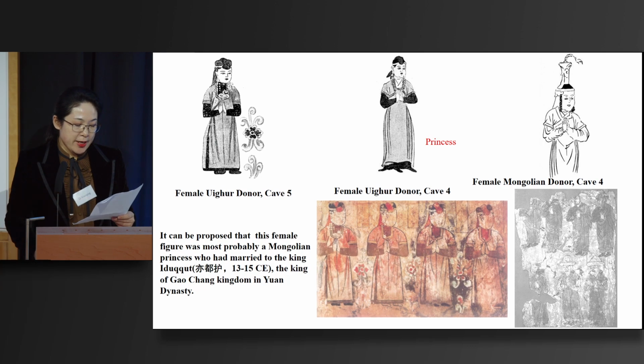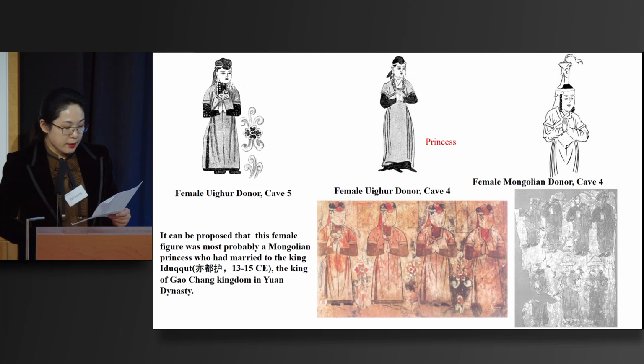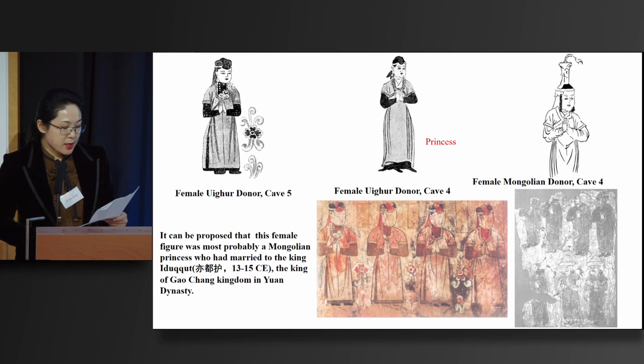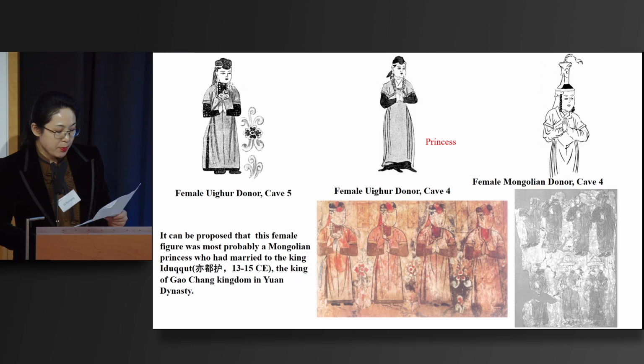The type resembles the three Uyghur donor figures in the same place in the neighboring Cave number 4 in the same grotto, and meanwhile another female donor painted below these Uyghur female figures is wearing a Mongolian hat on top of her head, indicating that both Caves 4 and 5 in Xiaotargo were built in the same period, and those donor figures showed that they were built in the Yuan Dynasty, which can be precisely dated to the 13th century.